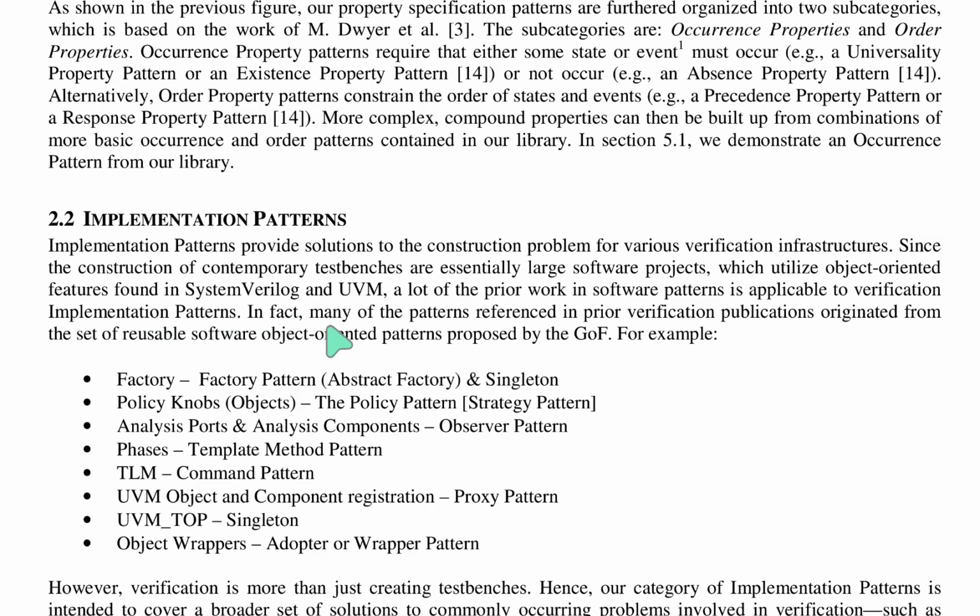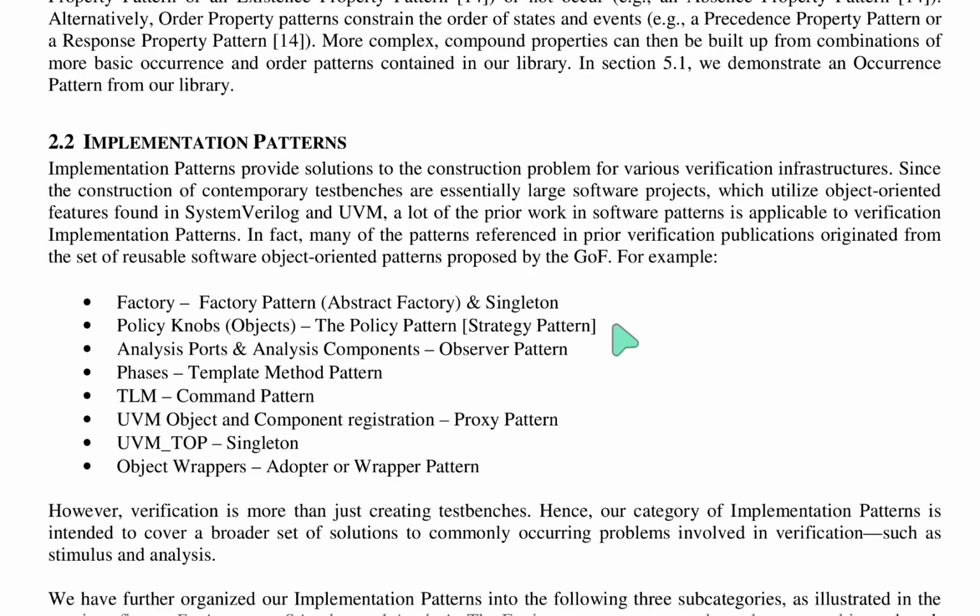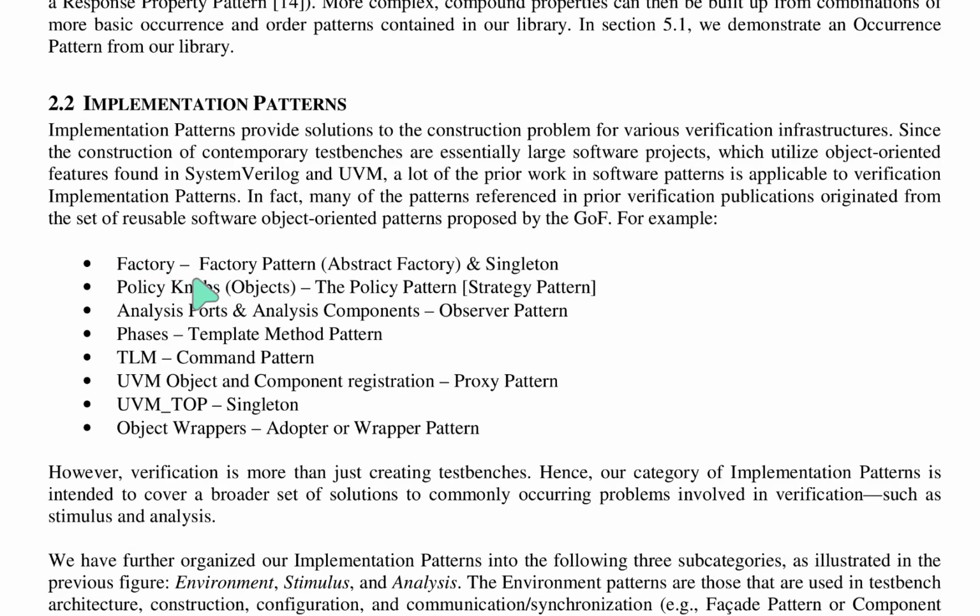In fact, many of the patterns referenced in prior verification publications originated from the set of reusable object-oriented software patterns proposed by the GOF, for example, factory pattern, abstract factory, and singleton.